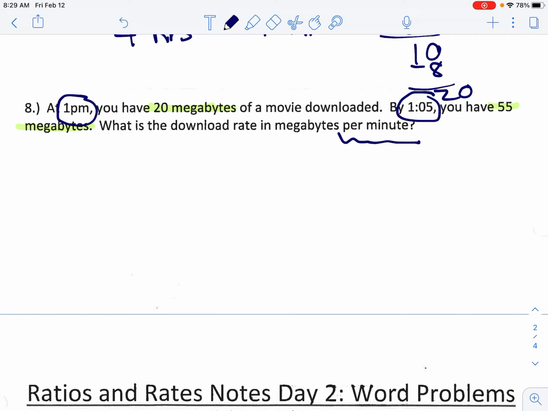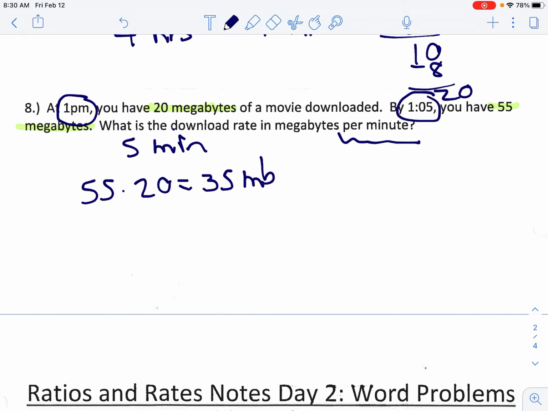Well, if I started at 1 o'clock, and I ended at 1:05, that means that I was downloading for 5 minutes. So that's the first thing I'm thinking mentally in my head. The next thing I'm thinking is, what's the difference between 55 and 20? So how many megabytes downloaded in that amount of time? So 55 minus 20, that's 35 megabytes downloaded in 5 minutes.